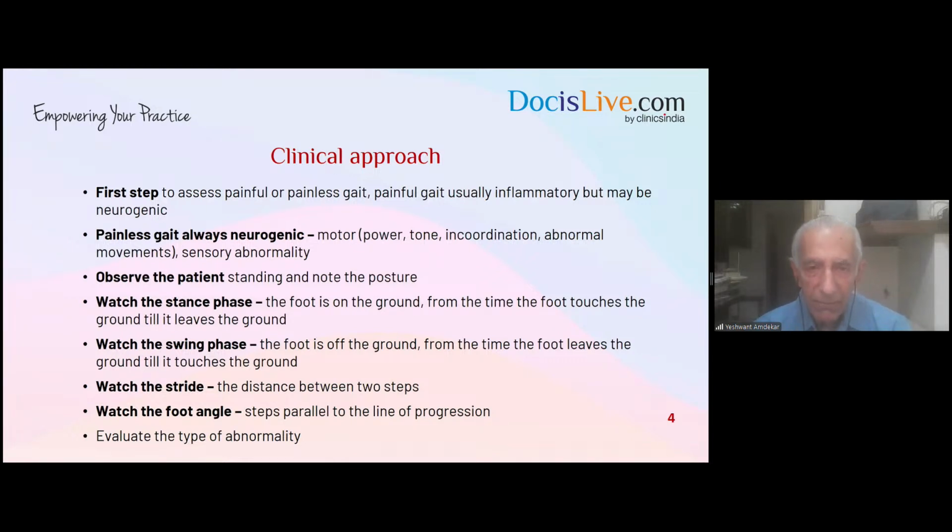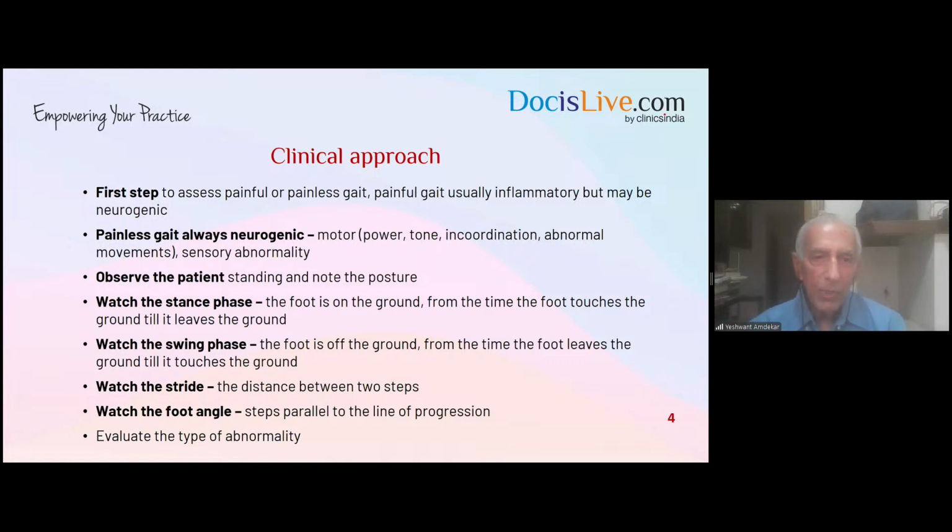Friends, we all know that painful abnormality is almost always inflammatory disease, which could be either traumatic or infective or even non-infective inflammation, like collagen vascular disorders, etc. But occasionally, not commonly, the pain also could be neurogenic. So don't forget that not every painful limb is inflammatory, but occasionally it could also be neurogenic. Keep that in mind.